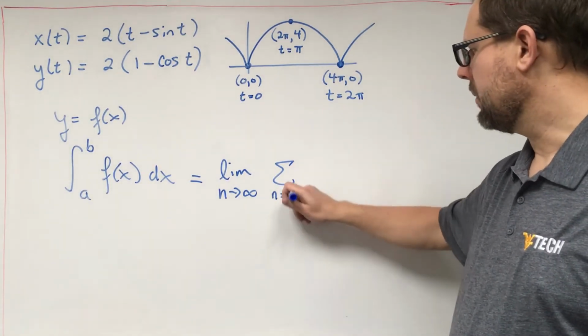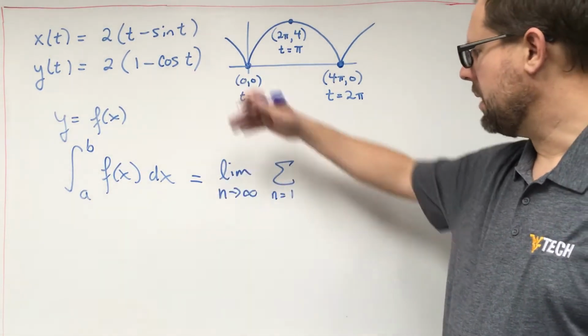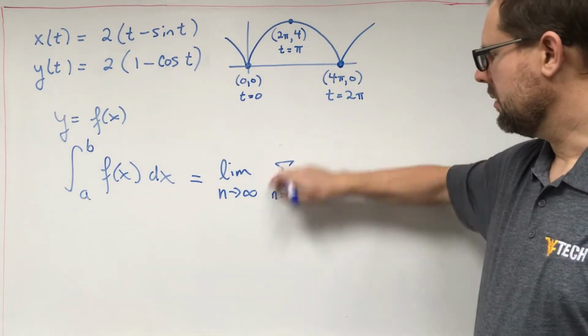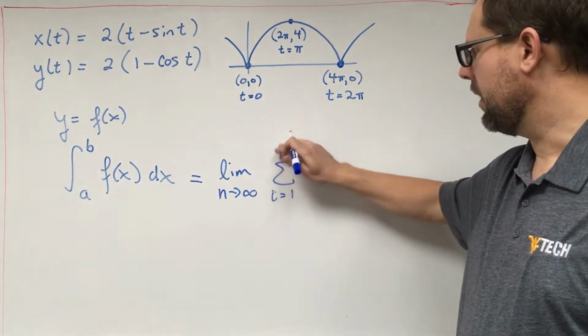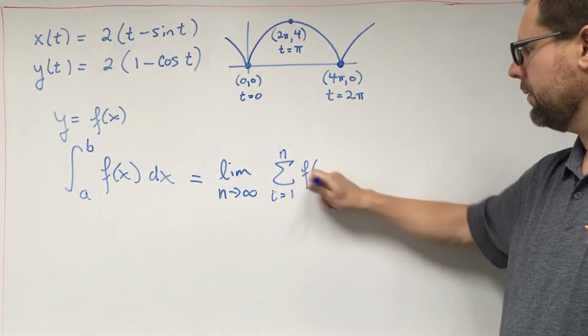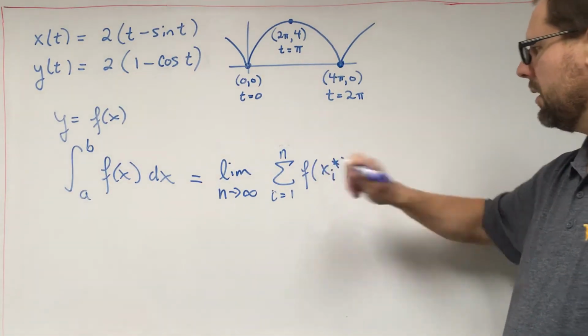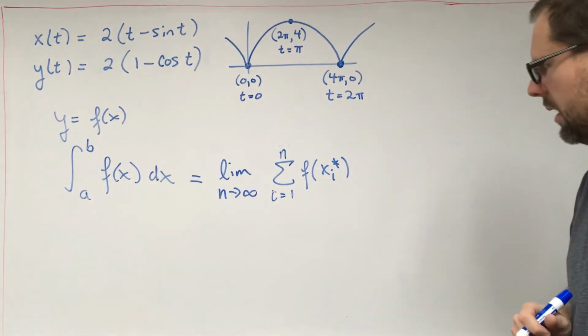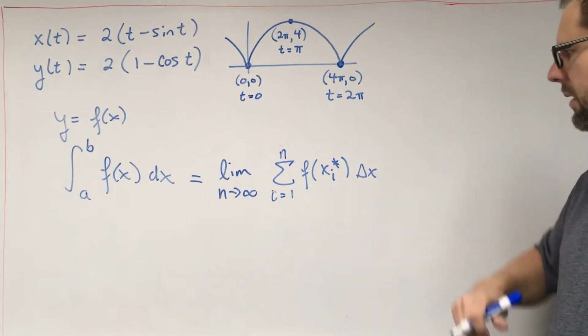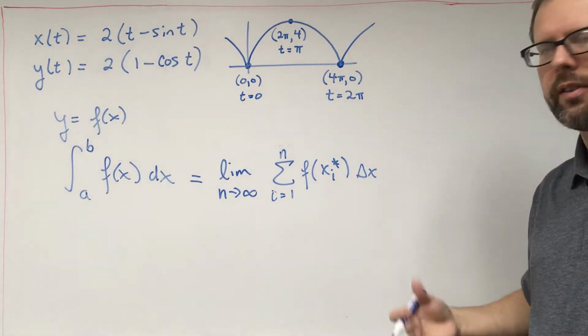If I'm integrating from a to b, then we're going to have some sigma here from i equals 1 to n that involves some particularly chosen x_i values at which to evaluate the function, and then some differences in x_i. I'm going to use delta x.